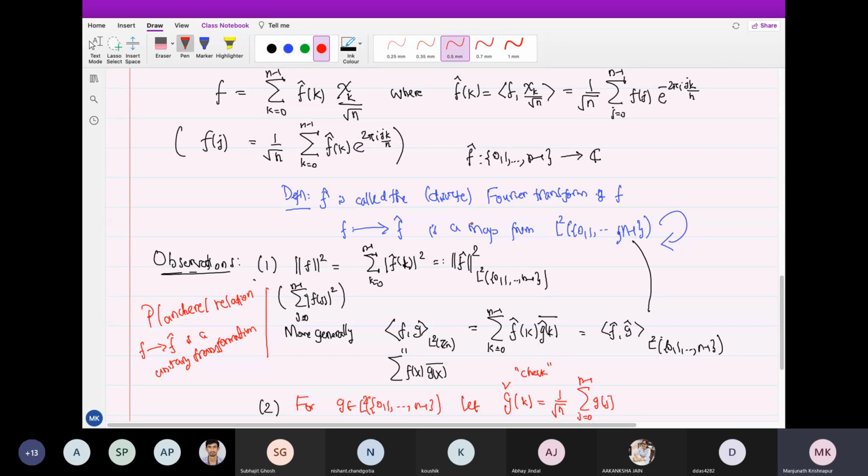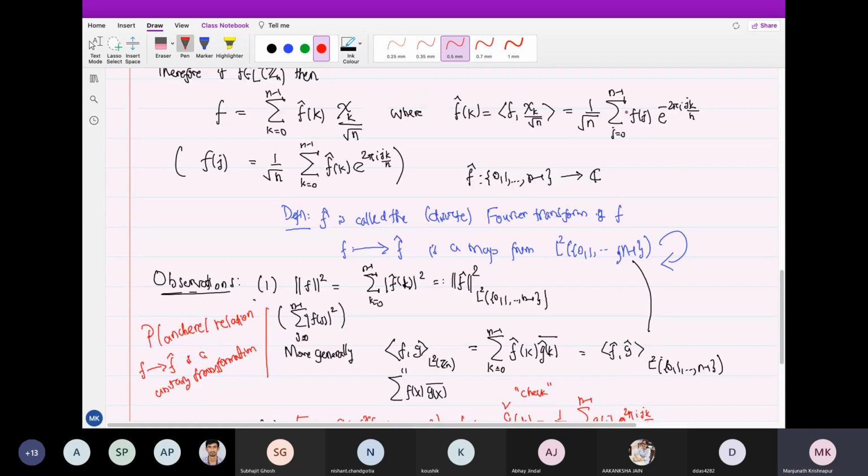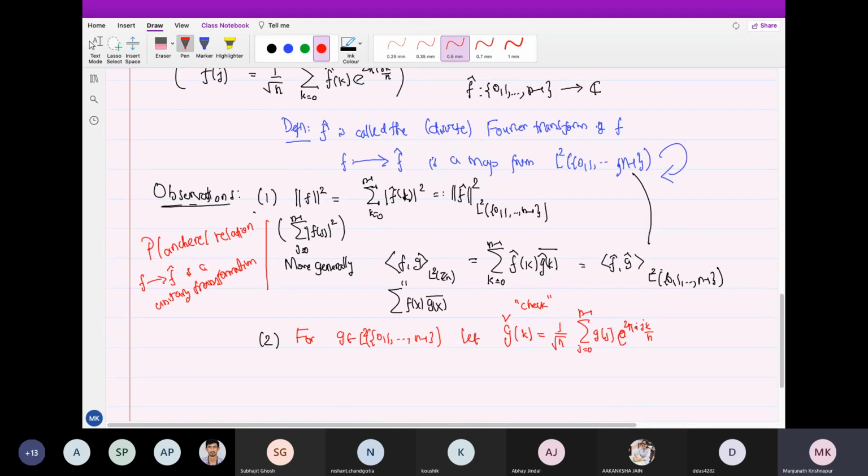We will define it exactly like we define the hat, but g check will be defined without the negative sign. So the hat has a negative sign, whereas the check does not. That's the only difference.